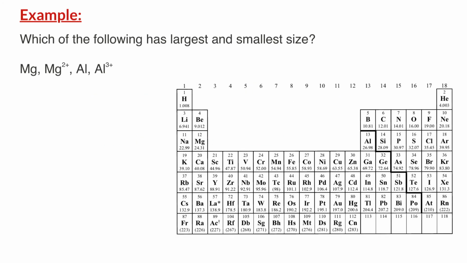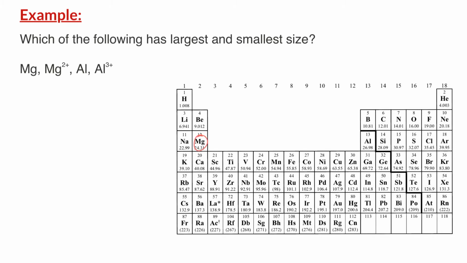Let us do an example problem. Which of the following has largest and smallest size? We have magnesium, magnesium 2+ ion, aluminum, and aluminum 3+ ion. First thing I would do is locate the atoms on the periodic table.